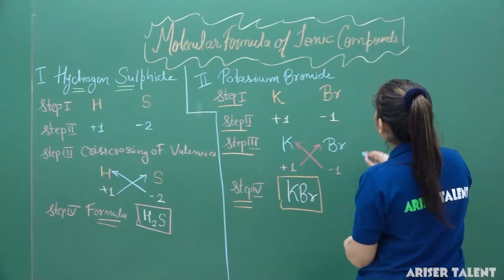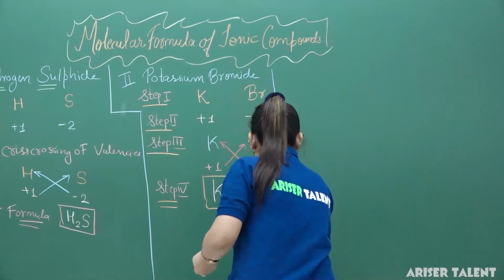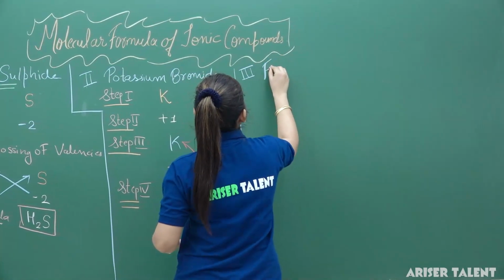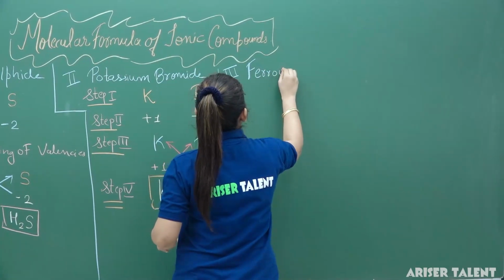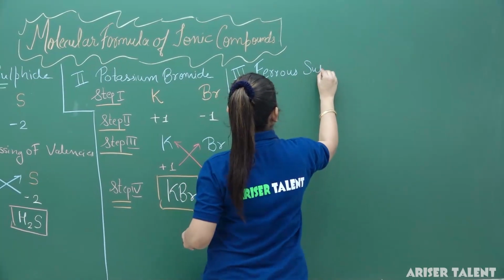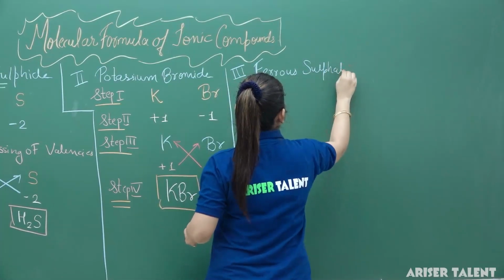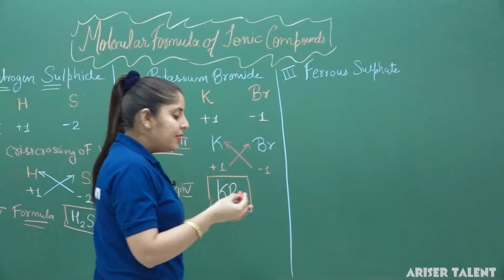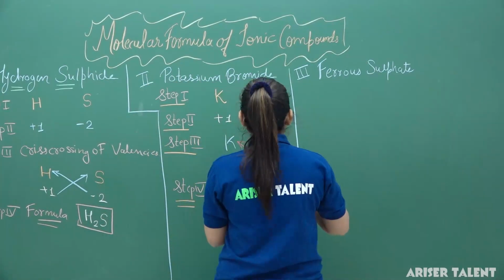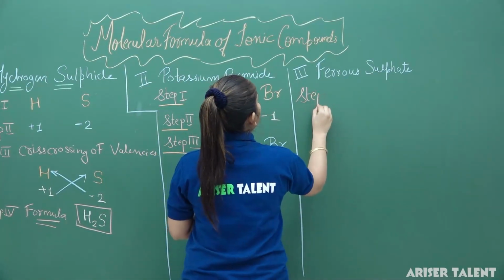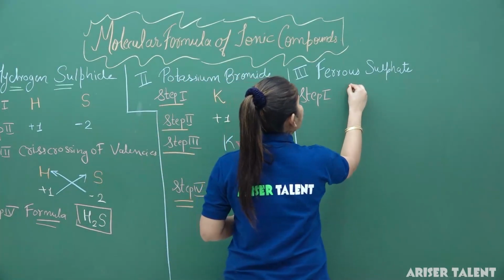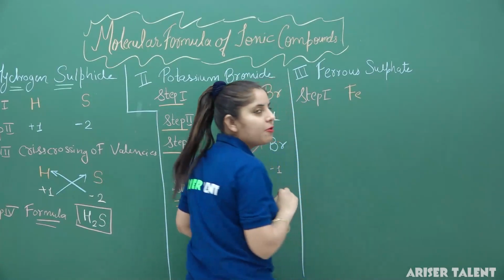Now we are writing our third formula, which will be of ferrous sulfate. So again in our step number 1, we will write the symbol for both the compounds. Ferrous is iron, so the symbol here is Fe.